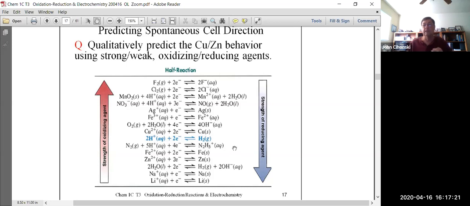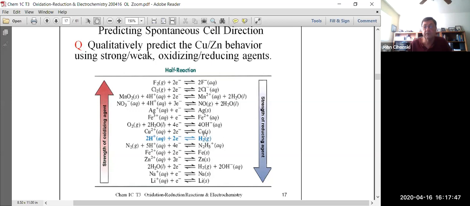Makes sense? Now, let's go back to our example. We have two metals, and the metals are all going to be on this side. So what do we have? We have copper and zinc. So what we want to do is compare which one is the stronger reducing agent. Okay? So there's copper and there's zinc.